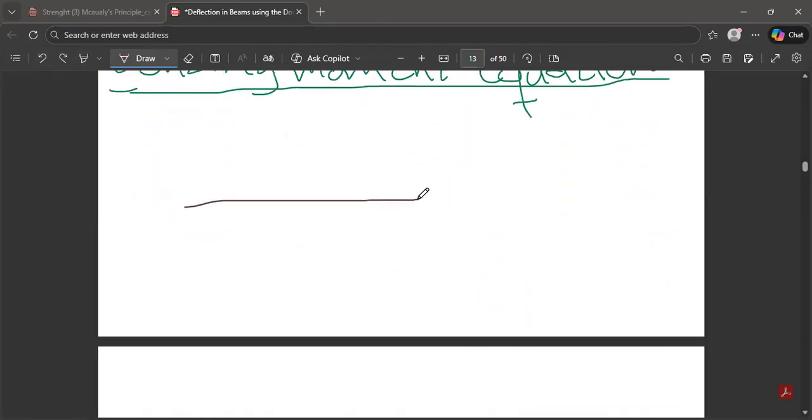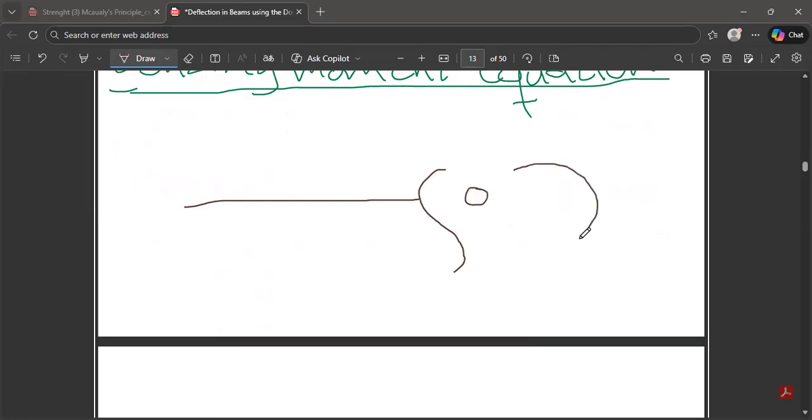So that implies that my cut is somewhere here like this. So in this case, this is going to be the Macaulay, so let's say MX.